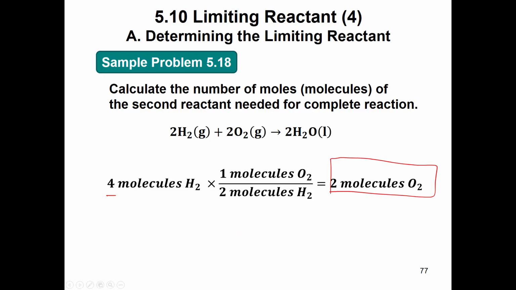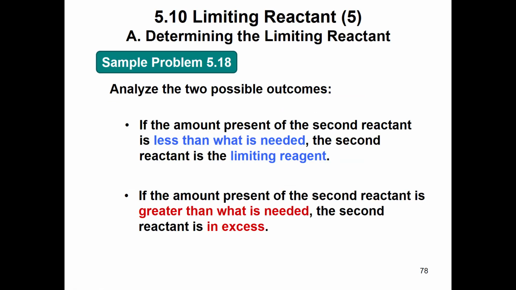So if the amount present of the second reactant is less than what I need, the second reactant is limiting. If the amount present of the second reactant is greater than what I need, then it is the excess.